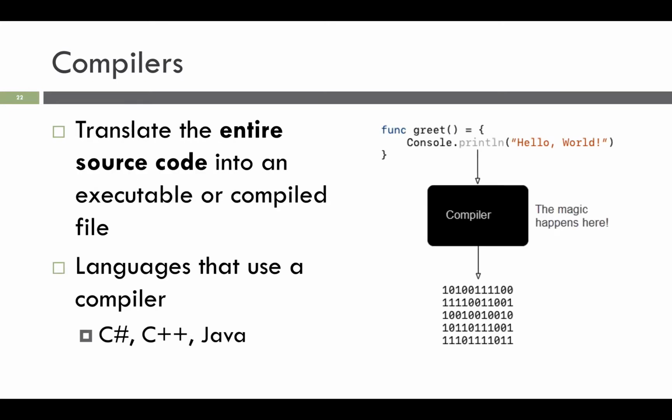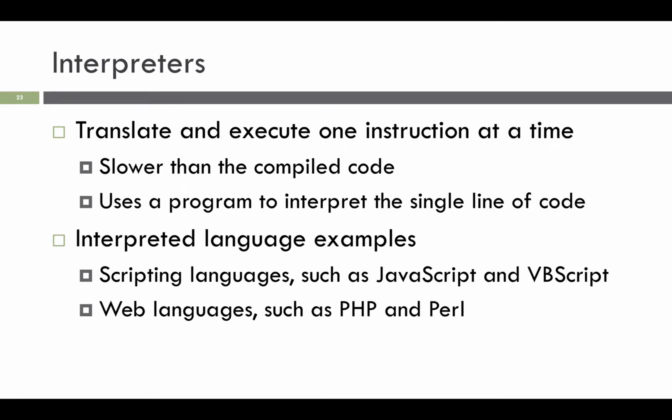Here is an example of a compiler translating the source code into the binary format that the computer can understand. Interpreters translate and execute one instruction at a time, which is slower than the hardware directly reading machine code. However, interpreted languages are common in scripting and web-based languages. JavaScript and PHP are interpreted languages.